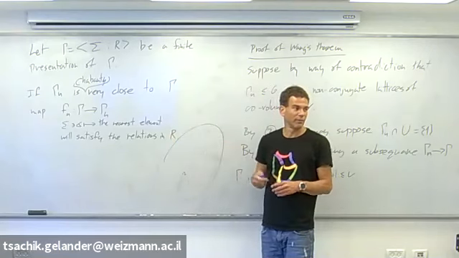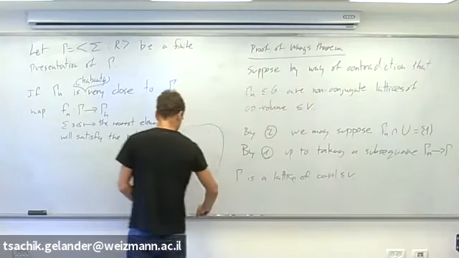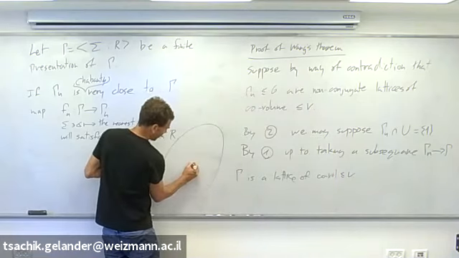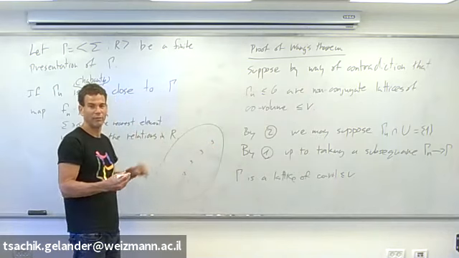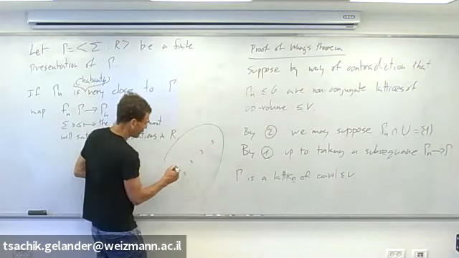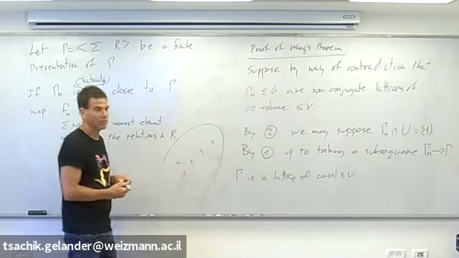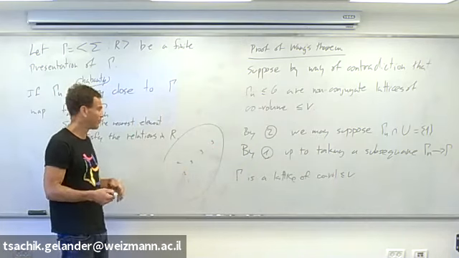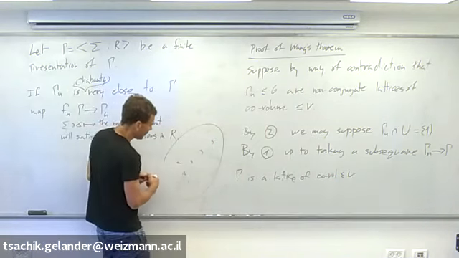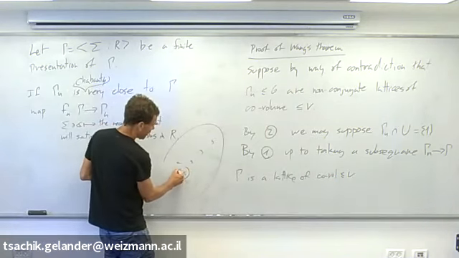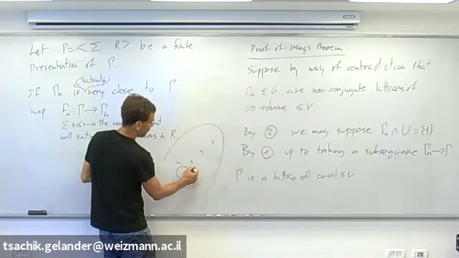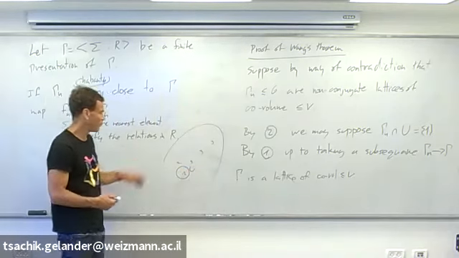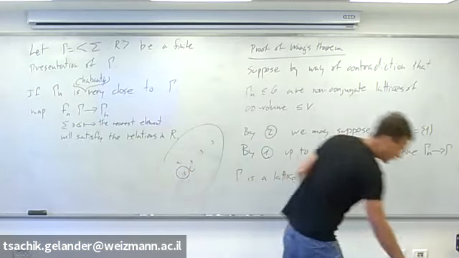All the blue points are close to black. Now I look at the generators, and each generator I send to the nearest point. If there are two, I just choose one randomly. Actually, there cannot be two. If it's sufficiently close, you can show that it cannot be two, because both blue and black groups miss some identity neighborhood. So near every point there is only one which is very close.